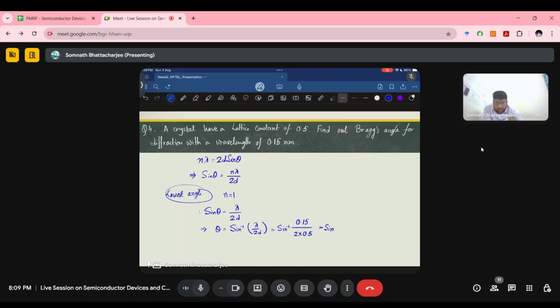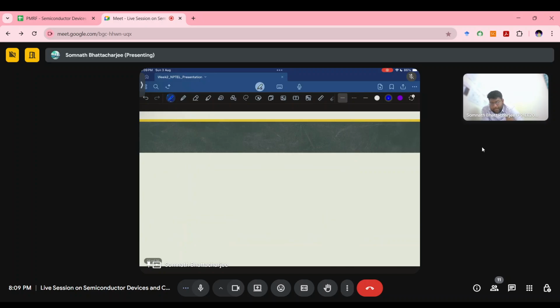That would be sine inverse of 0.15, and that would be the value of 0.1506 radian, and in degrees it would be 8.6269 degrees. So this is the value of that. Then we'll move on to the next one.